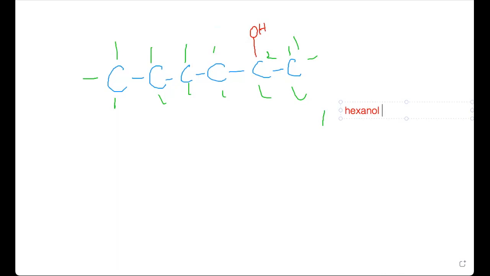But hexanol means there are 2 OH, so you have to mention it. 2 hexanol, but no. 2 hexanol means you have 2 hexanol chains. No, it will be hexane 2-ol. You should have a strong grip on this thing. This is hexane 2-ol.